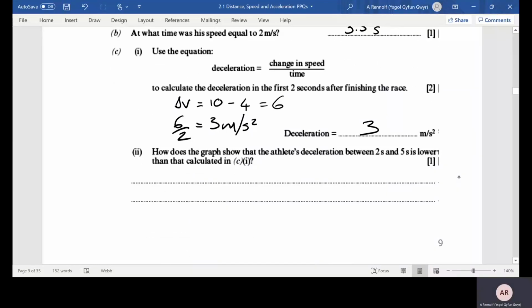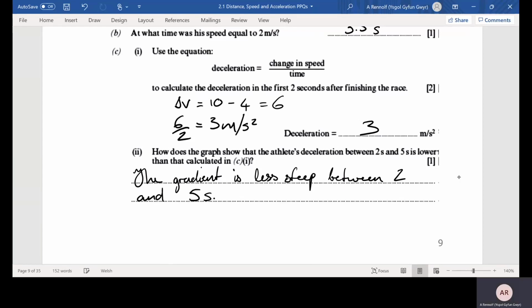So we would say that the gradient is less steep. Again, we want to say which part of the journey we're talking about when we give that answer. The gradient is less steep between 2 and 5 seconds.